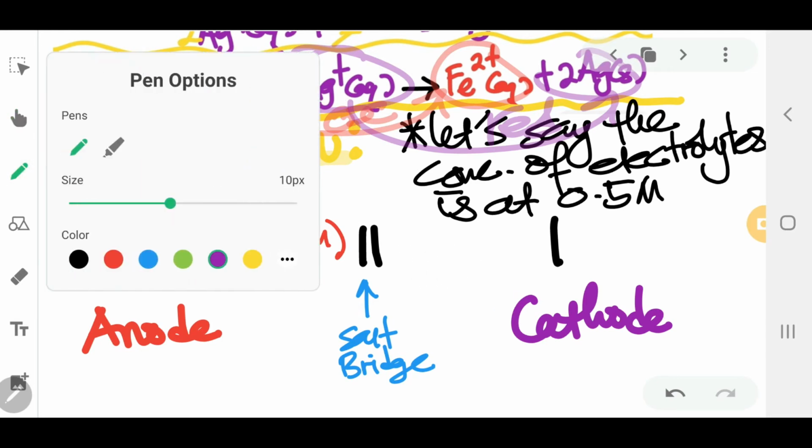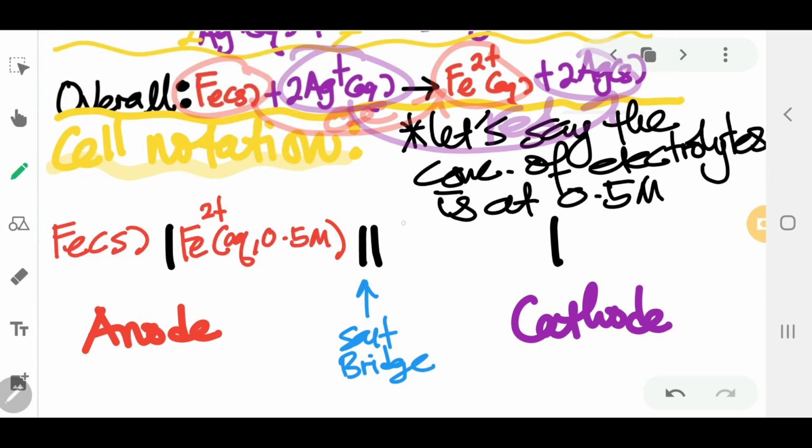You're just going to be writing that as Ag plus brackets aqueous, comma 0.5 molar, and then you're going to close the brackets. You have 2 Ag solids over there. You don't have to write the stoichiometric coefficient in here.